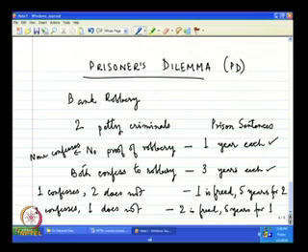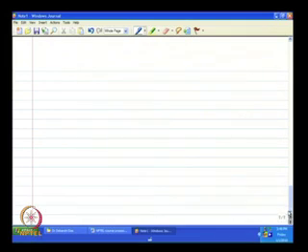If you confess and the other guy does not, then you will be freed and the other person will go for 5 years, and vice versa. If you do not confess and the other person confesses, then you will go for 5 years and the other person will be freed. So, this is what the police tells the prisoners.